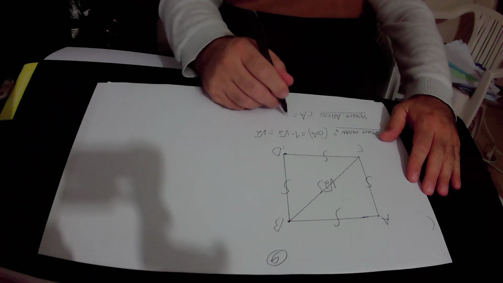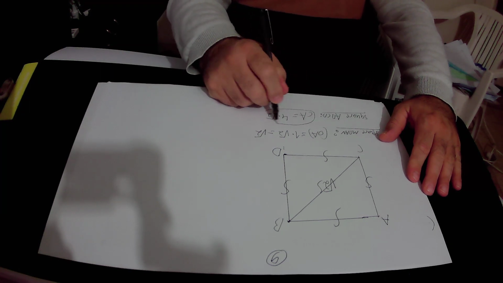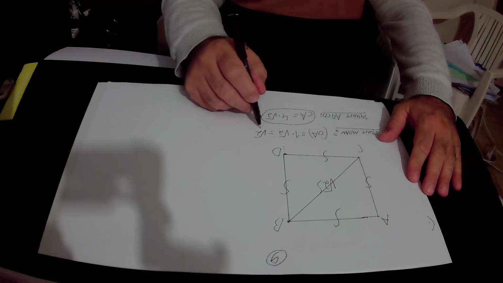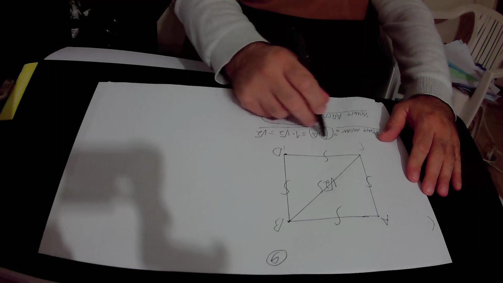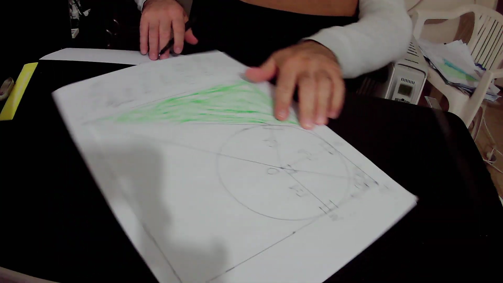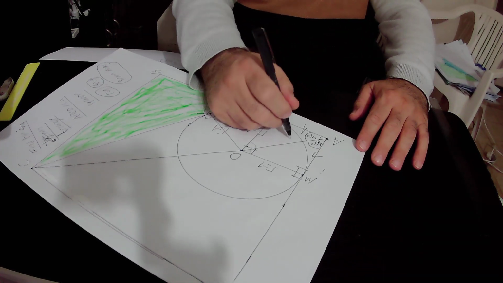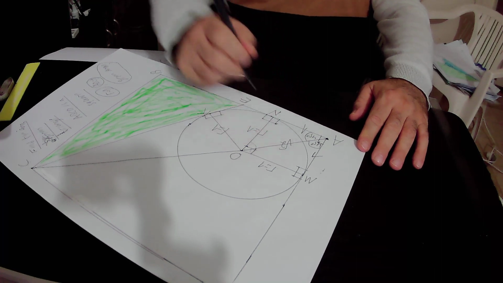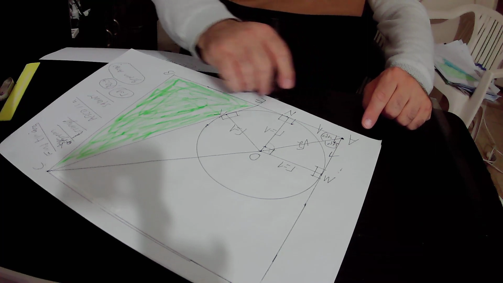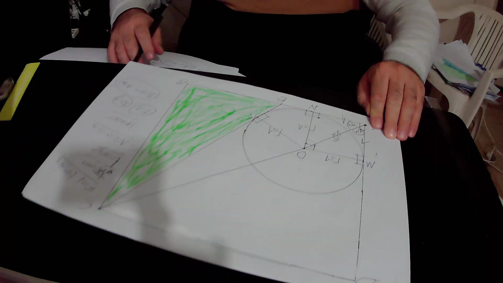So it is 4 times square root of 2 units. We found out that CA equals 4 times square root of 2 units and OA equals square root of 2 units.